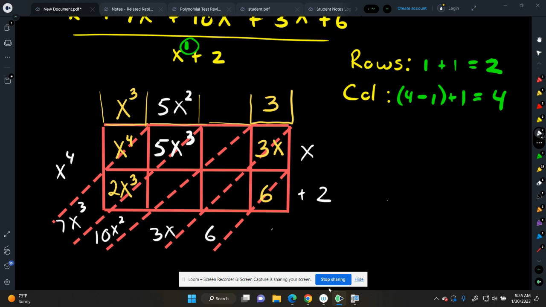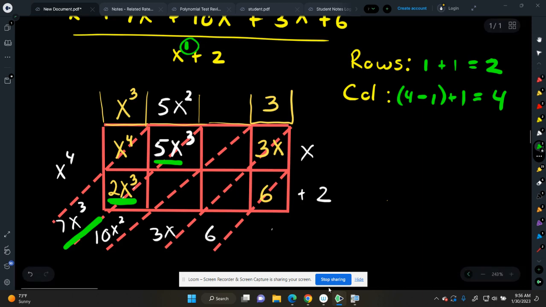Because 5x cubed plus 2x cubed equals 7x cubed, right? So I already had the 2x cubed. I needed 7. I was like, well, how many do I have to add? I have to add 5. So once I get that box, then it's figuring out the multiplication.